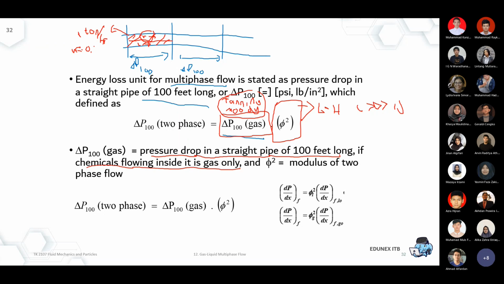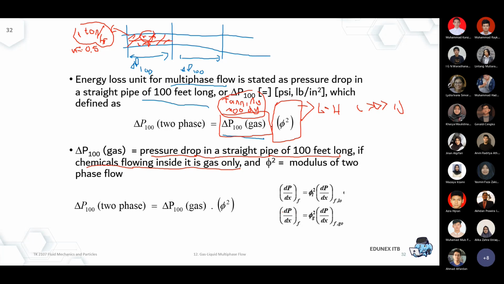That means only 0.5 ton per hour actually exists in vapor and the other 0.5 exists in liquid form. So Lockhart-Martinelli said, let's just assume that it's still 1 ton per hour of flow rate, but assume that the vapor fraction in the pipeline is 1, assuming that all can be found in a vapor condition.